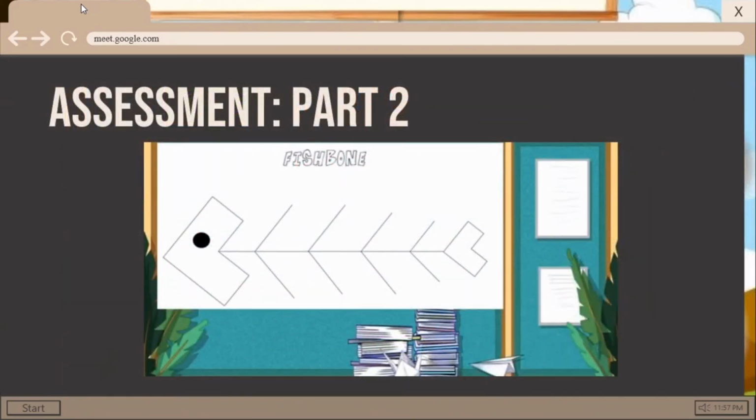Congratulations, students! You were able to determine bias and prejudice in the given activity. For part 2 of your assessment, do this fishbone activity to check your understanding deeper. In your own words, differentiate biases and prejudices.